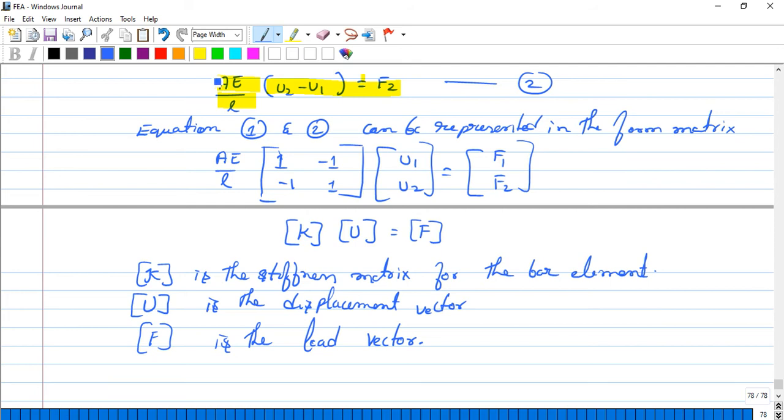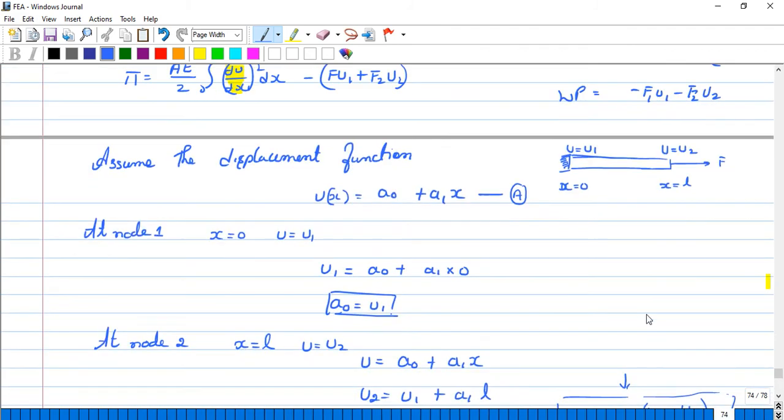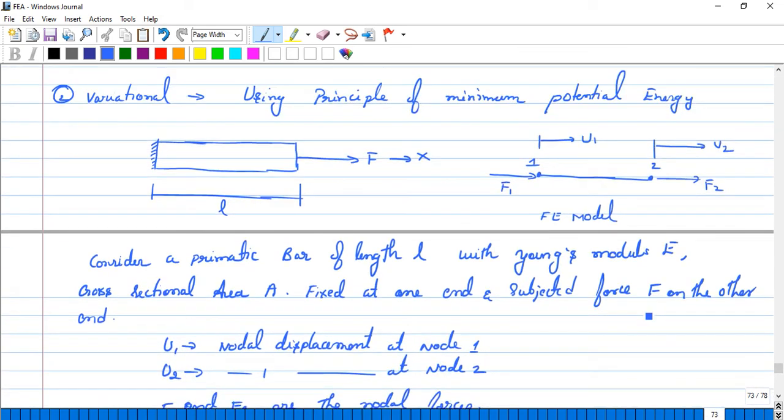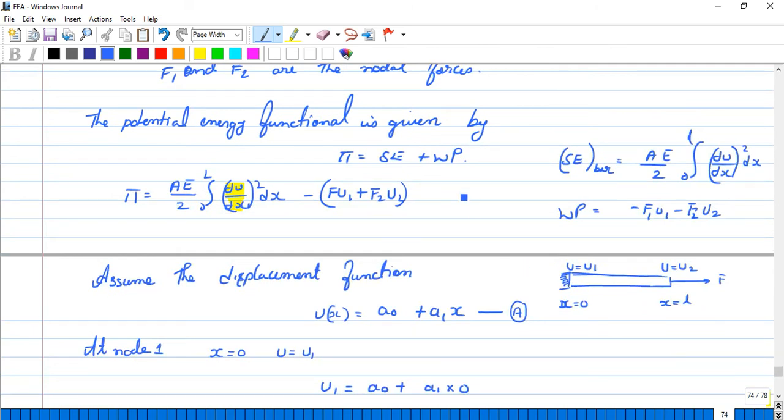So this is how we derive the element stiffness matrix. This is not a global stiffness matrix, this is an element stiffness matrix. Very simple steps that I have followed to identify the stiffness matrix of a bar element.